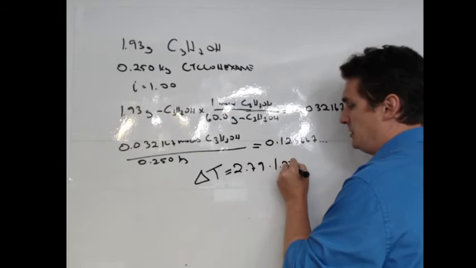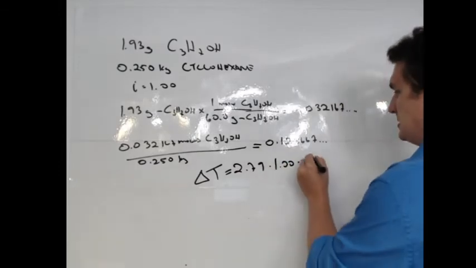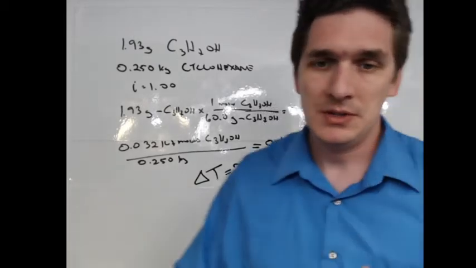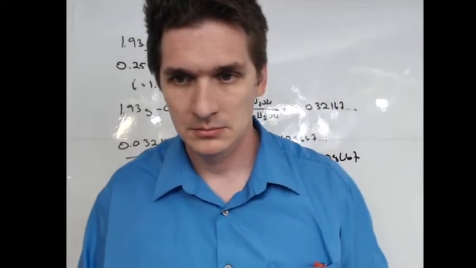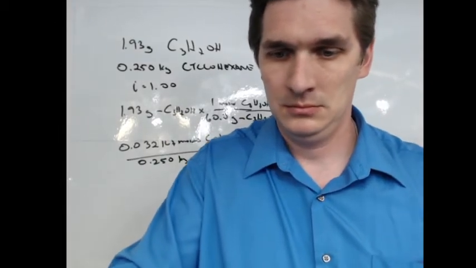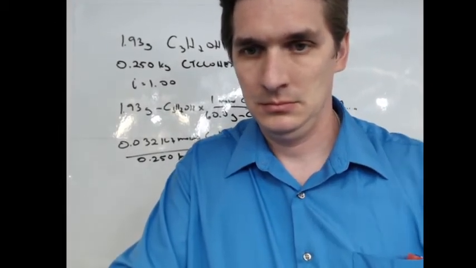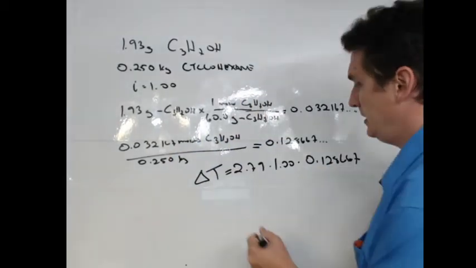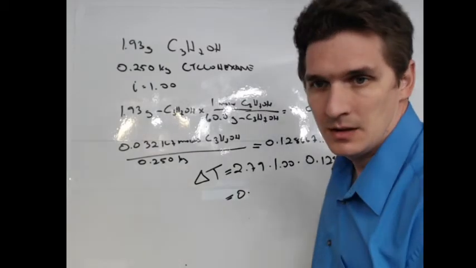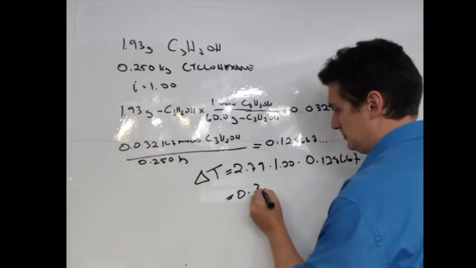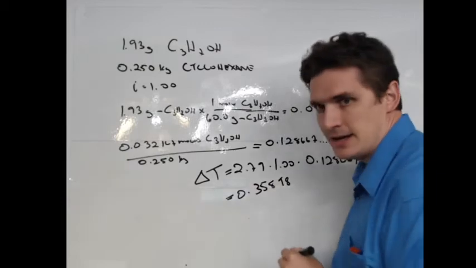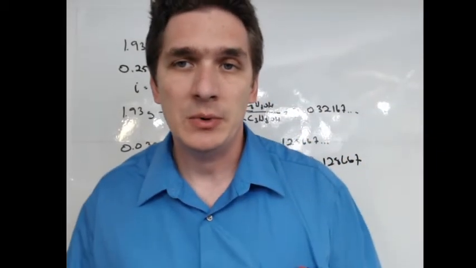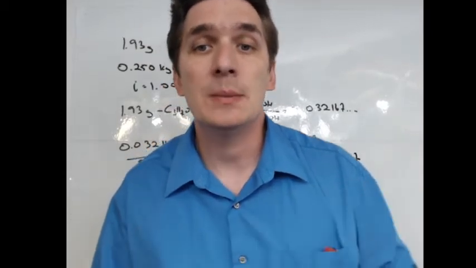You're given i is 1.00, and your molality here is the 0.128667. So when you work this all out, you're going to get 0.35898 trailing on. So at this point, you're now ready to actually enter your answers into WebAssign.